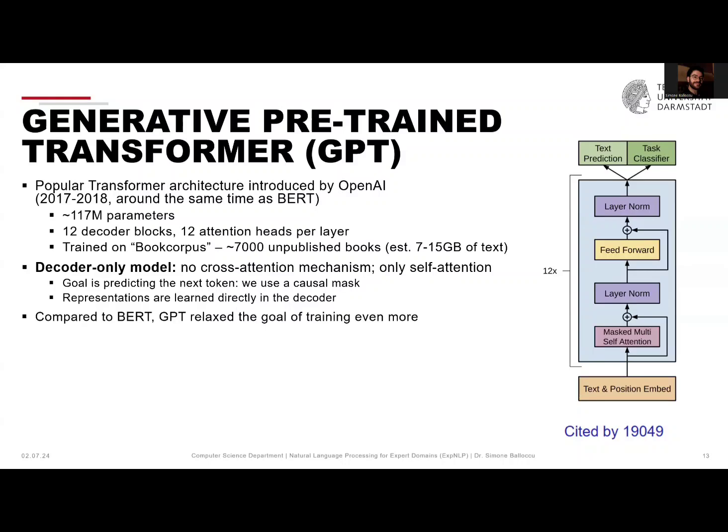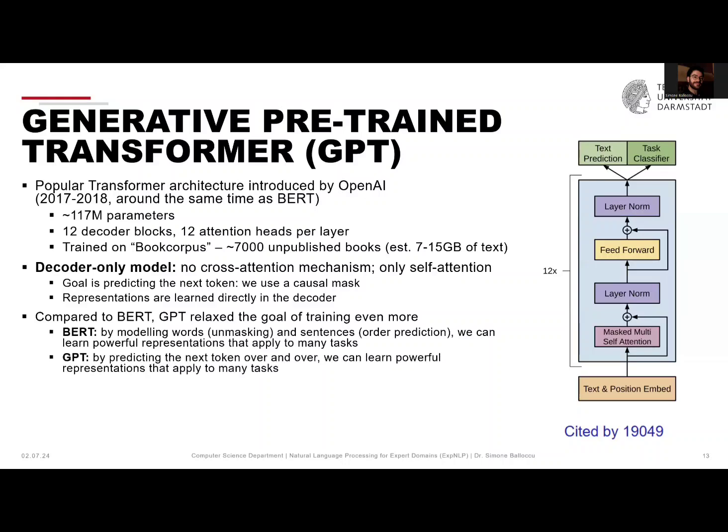What is important to notice is that if we compare GPT to BERT, we are relaxing the goal even more. BERT said, I don't need to fine tune, I don't need specific data annotation. I can just model words by unmasking them and model sentences by predicting whether sentence A is before or after sentence B. Then I can learn a powerful representation that I can apply to many tasks, maybe with just a little bit of fine tuning.